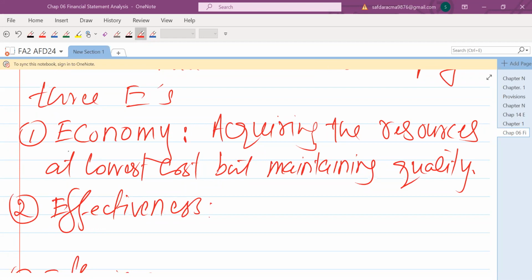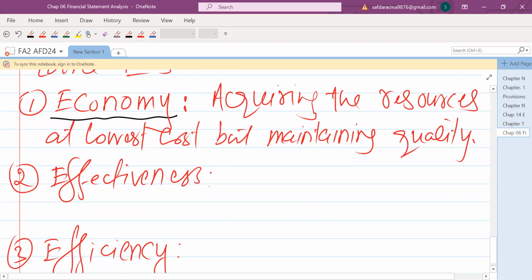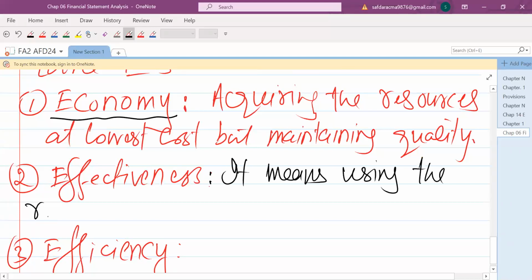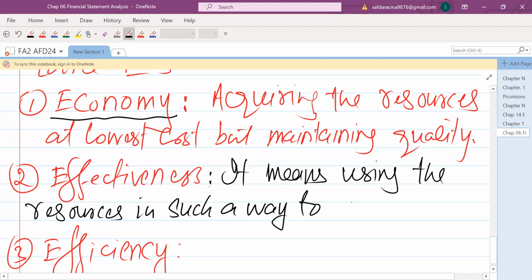This is called economy. Effectiveness means using the resources in such a way to achieve objectives.